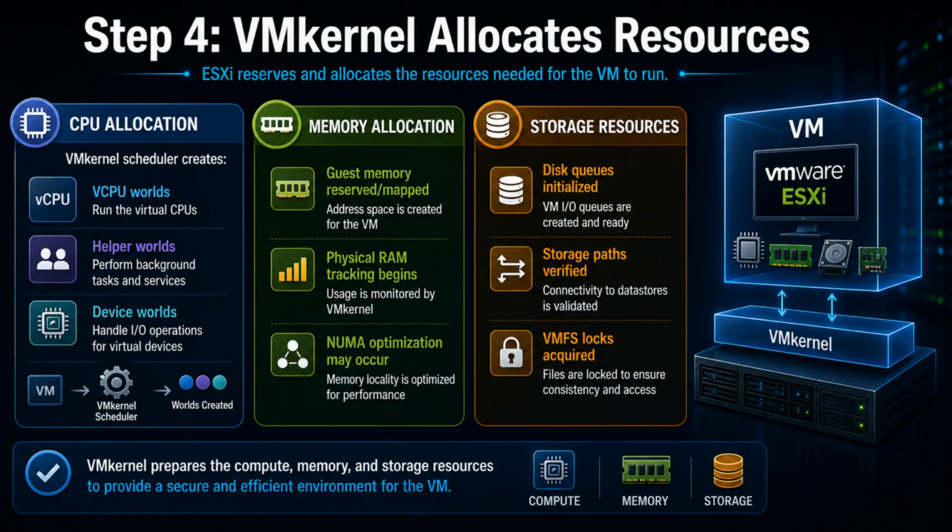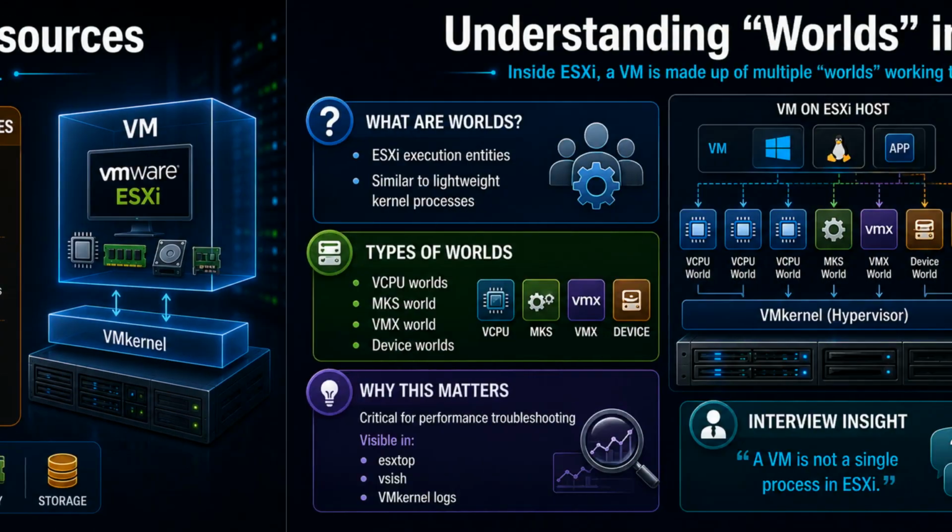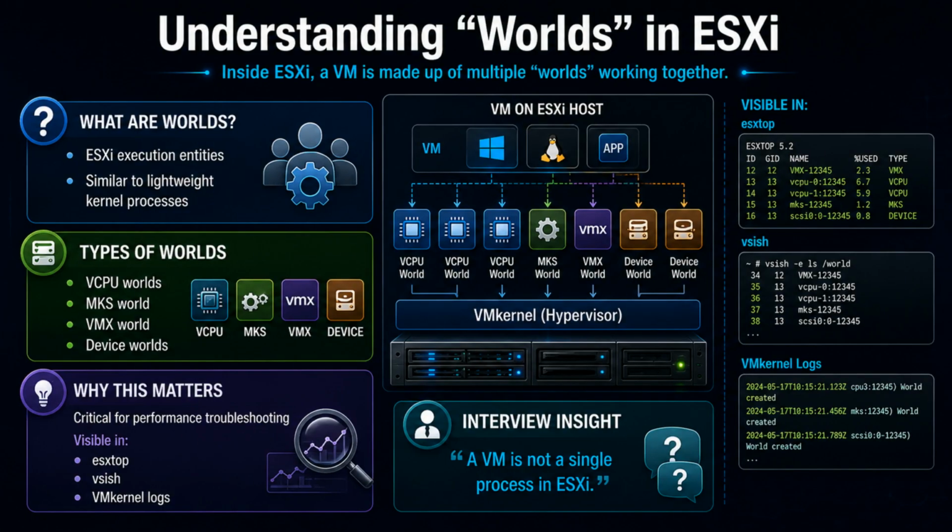And this introduces one of the most misunderstood VMware concepts: worlds. A virtual machine is not a single process inside ESXi. In ESXi, execution happens through entities called worlds. There are vCPU worlds, VMX worlds, MKS worlds, and device worlds.